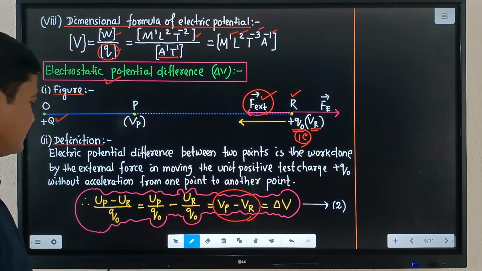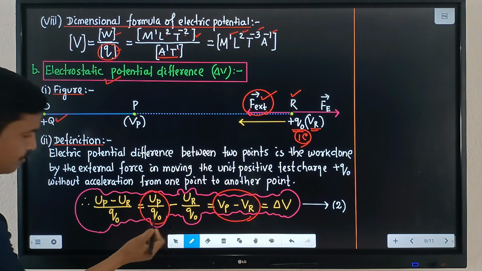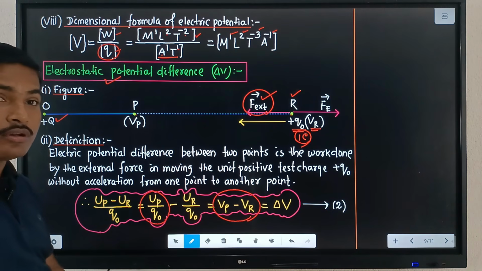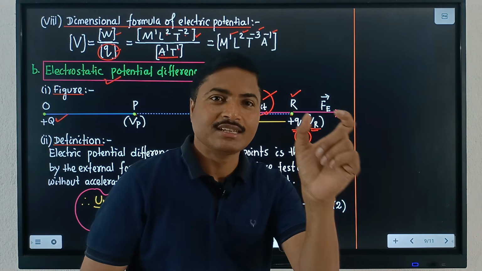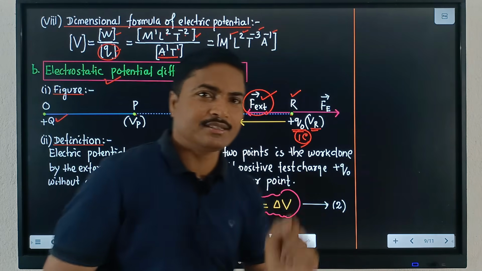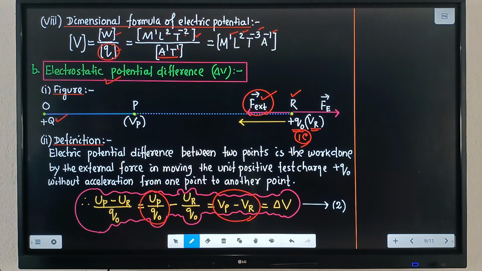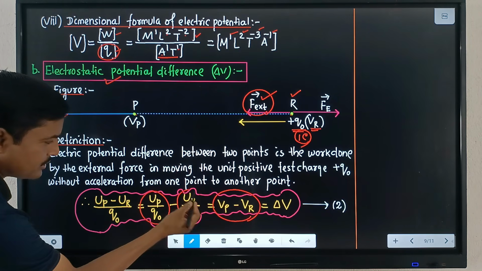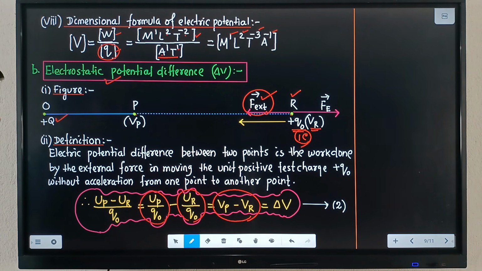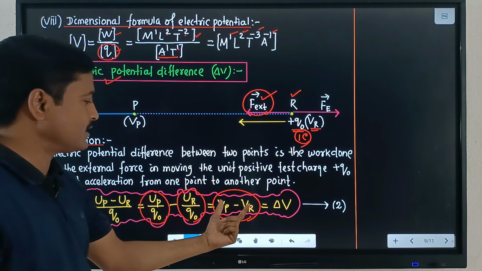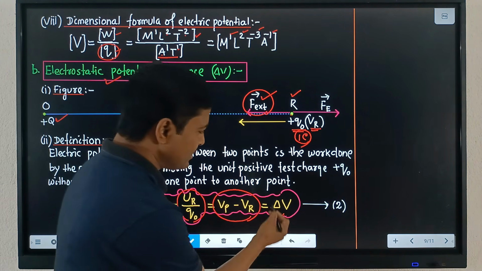Or you can also write the same thing: this is the electric potential at point P, because you know the formula for electric potential, that is the potential energy divided by test charge. This is the potential energy UP divided by test charge, minus the potential energy at point R divided by test charge. So finally we write electrostatic potential difference as Vp minus Vr, or simply delta V.